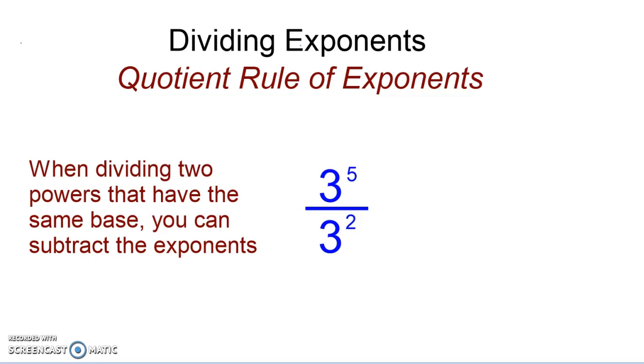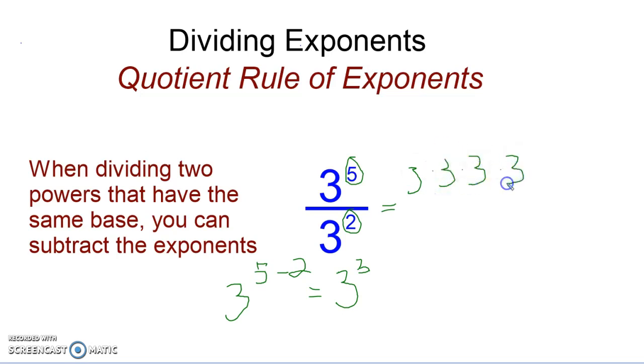Just to prove that this works, how we would write this would be 3 to the 5th minus 2, because we took this 3 to the 5th and we're subtracting the 2, and that would give us 3 to the 3rd. Okay, so just to show, if we were to write this out, 3 to the 5th would be 3 times 3 times 3 times 3 times 3 divided by 3 times 3.